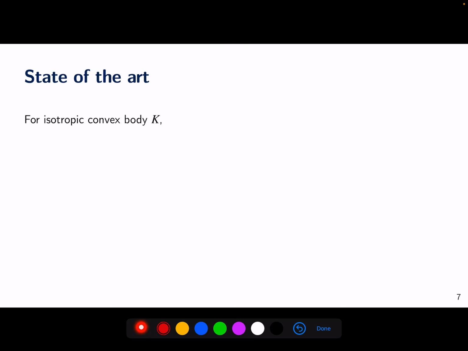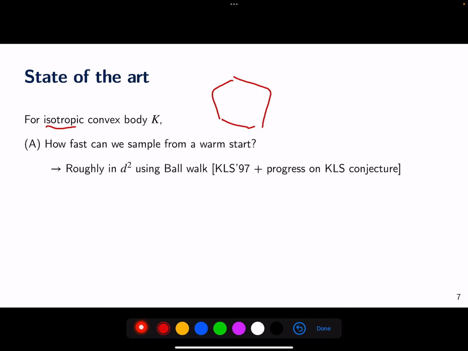on isotropic convex body K, where isotropic means that your convex body has its center at the origin, and its covariance matrix with respect to the uniform distribution is the identity. So K basically looks very well-rounded like this. For the first problem, sampling from a warm start, it is known that d squared is enough through the ball walk. This ball walk was developed by Lovász-Simonovits, and it was properly analyzed by Kannan-Lovász-Simonovits in 1997.